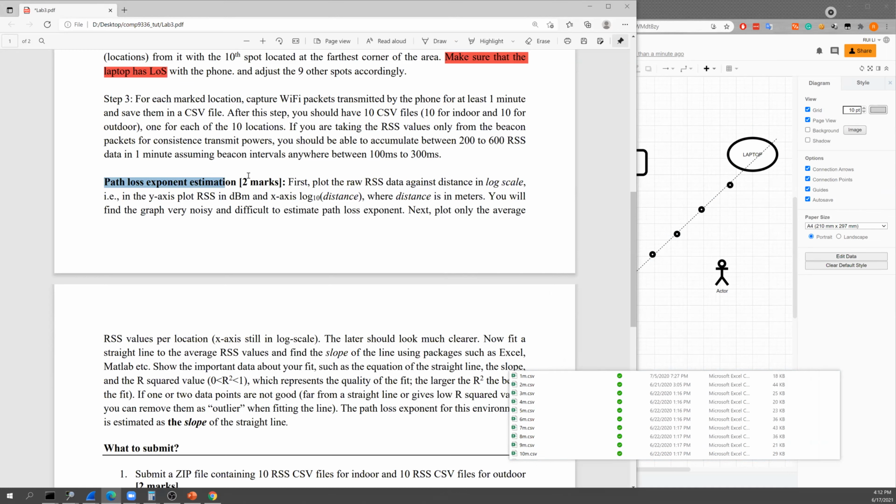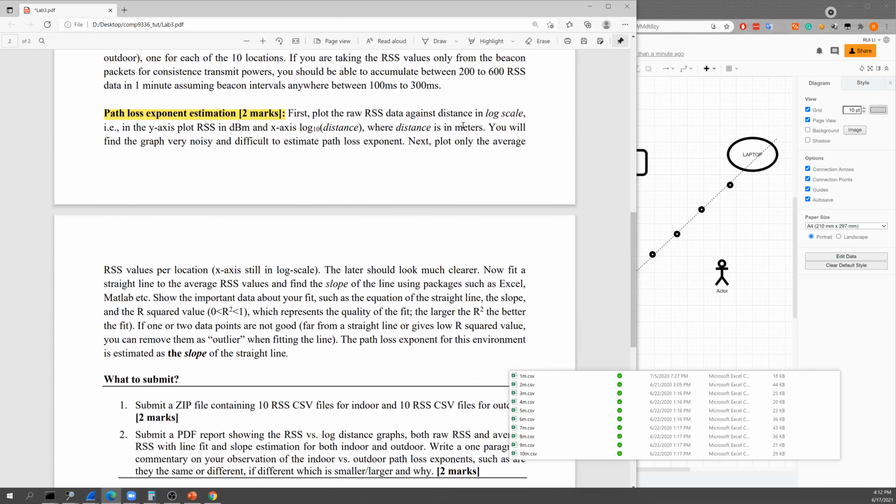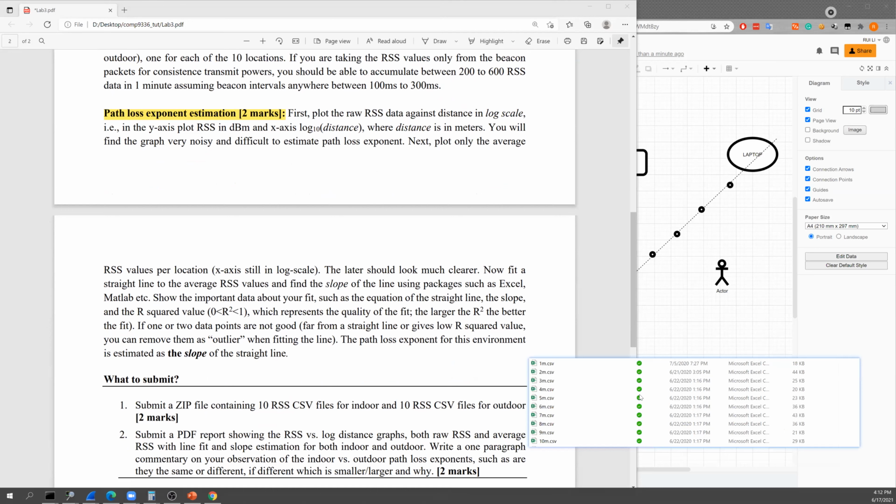So let's go to the second task. When we have these 10 files, 10 for indoor and 10 for outdoor, what should we do? We should start to plot.